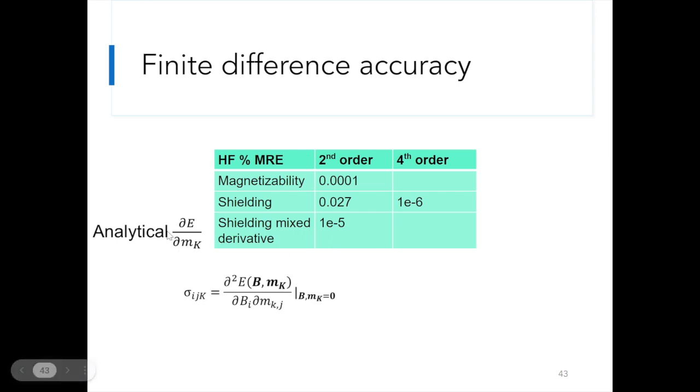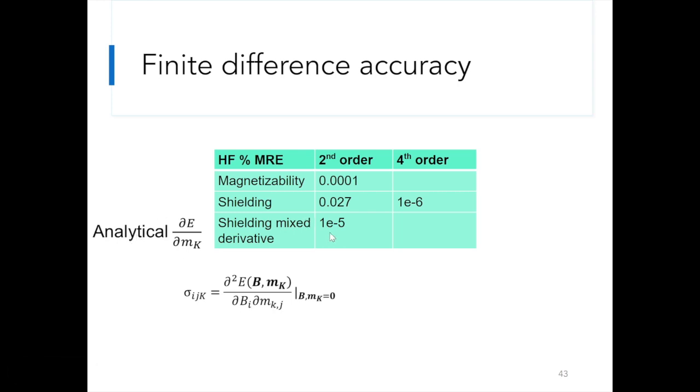Having this nuclear spin derivative implemented, we can now do the nuclear shielding tensor by one order of finite difference. So the B derivative we do by finite difference, and the nuclear spin derivative we do analytically.